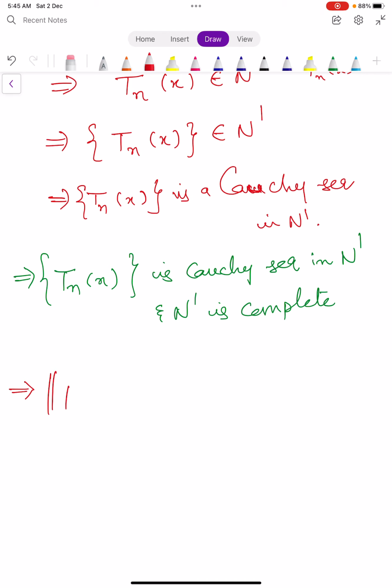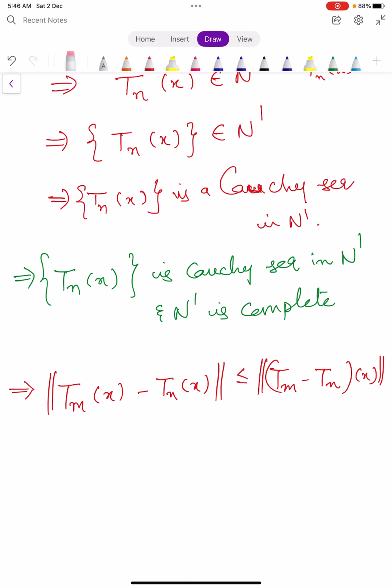Norm Tm of x minus Tn of x is less than or equal to norm Tm minus Tn, norm x. We are splitting the norm. Please see carefully. Now it is less than or equal to norm Tm minus Tn into norm x.